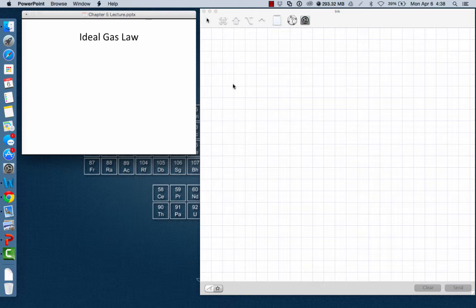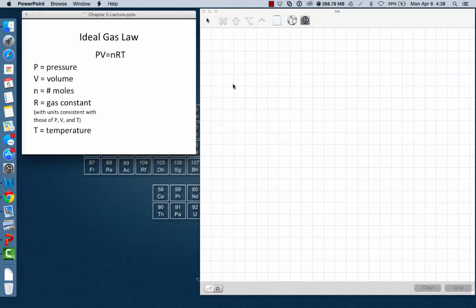Okay, so the ideal gas law, when we combine all of these things together, is called PV equals nRT. We have our pressure and our volume there. N is the number of moles. T is the temperature, obviously, in Kelvin. So what in the world is this R? This R is a gas constant.